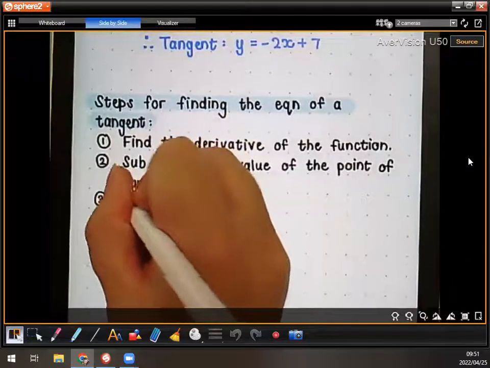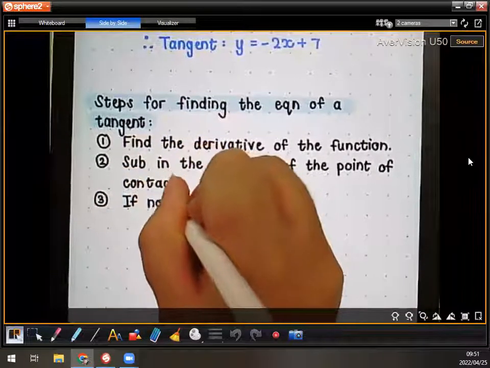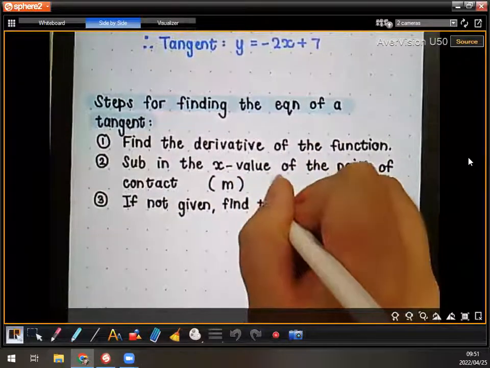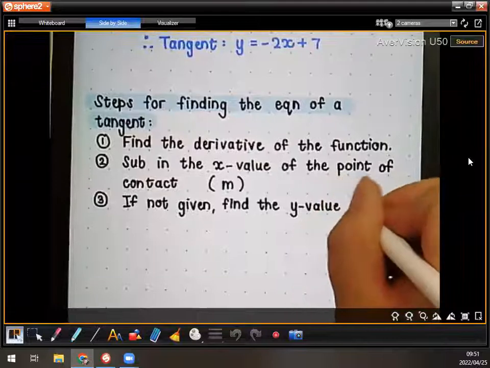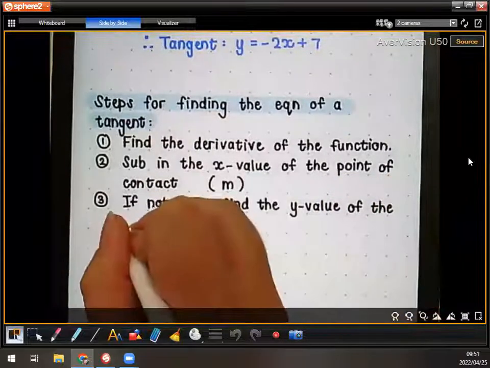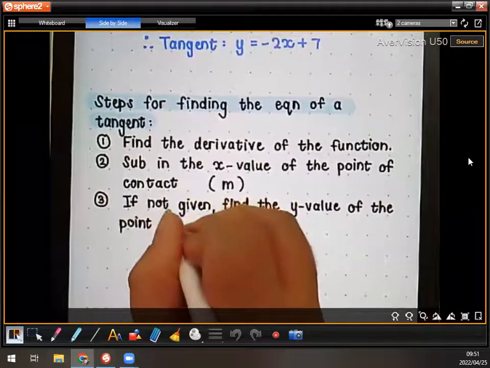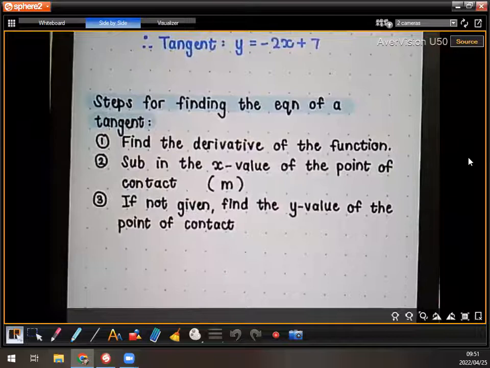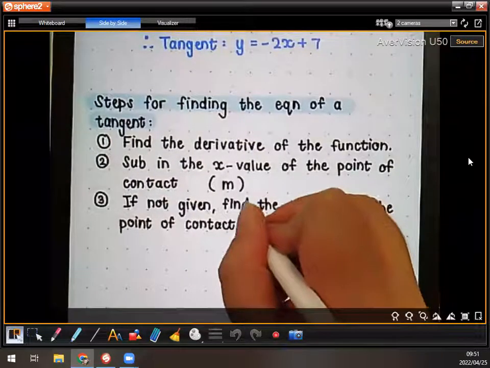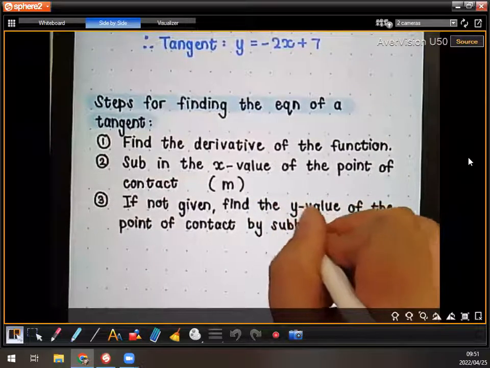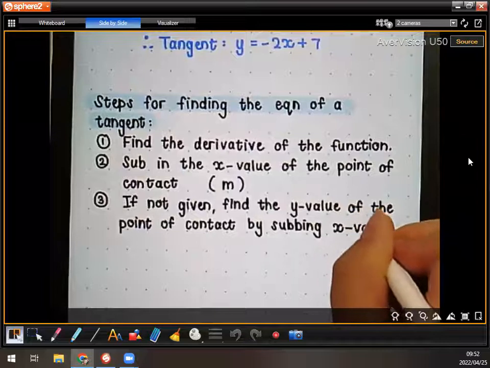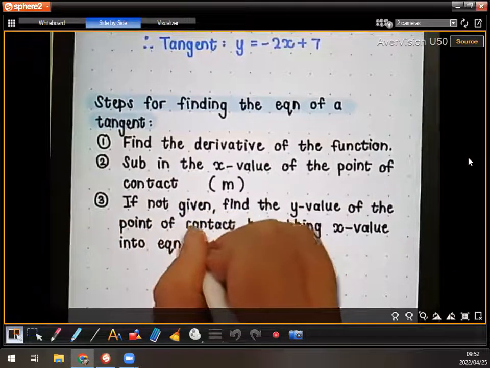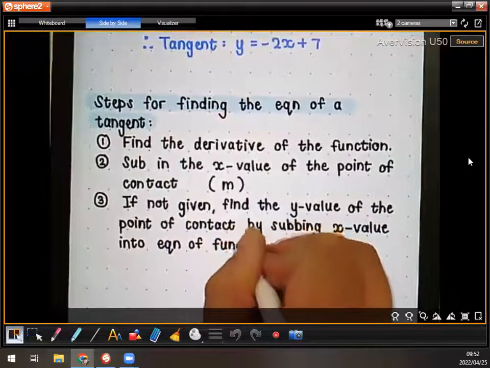But sometimes, so I'm going to say, if not given, find the y value of the point of contact by subbing the x value into the equation of the function.